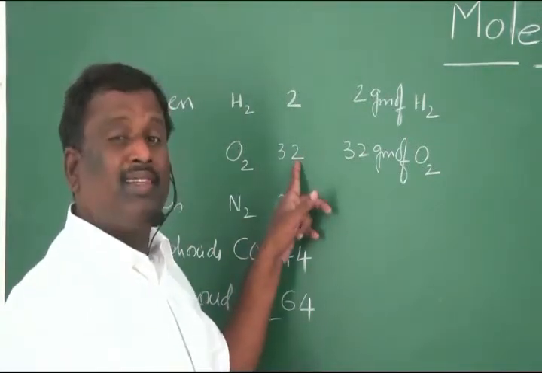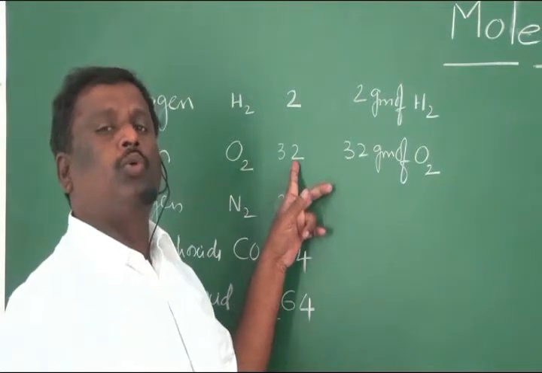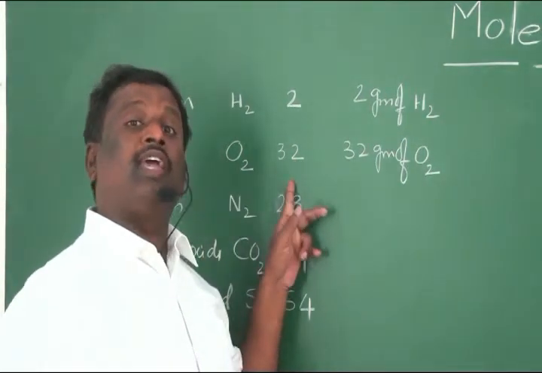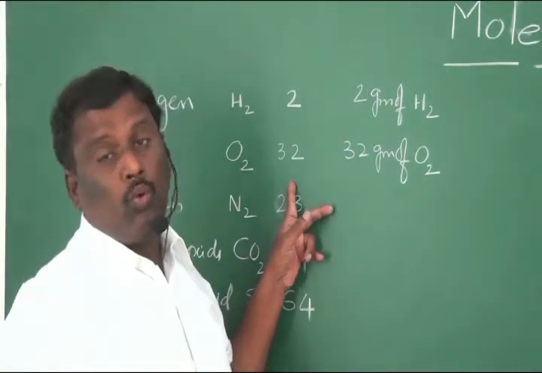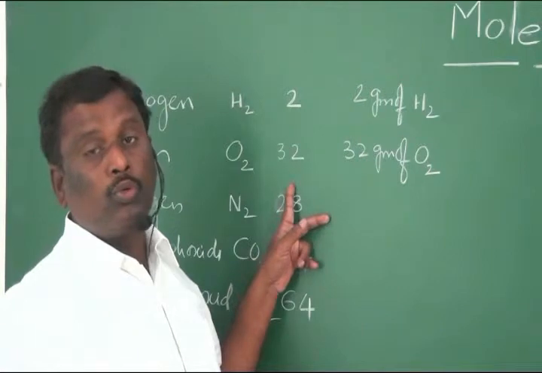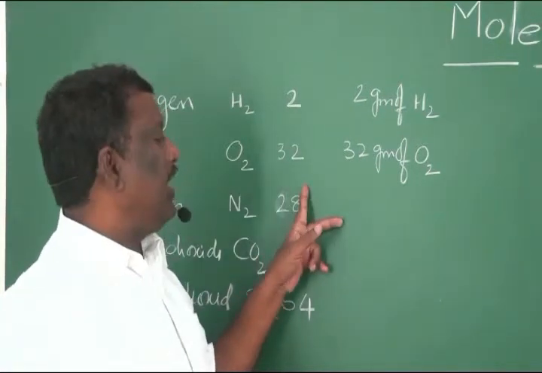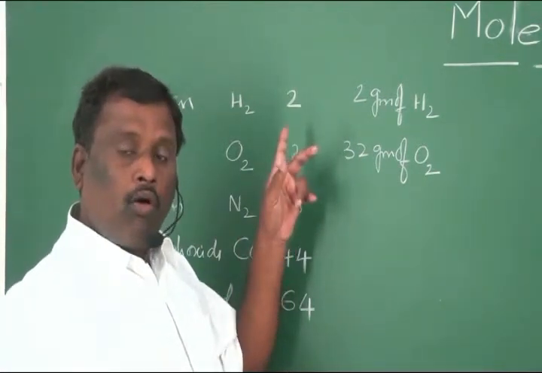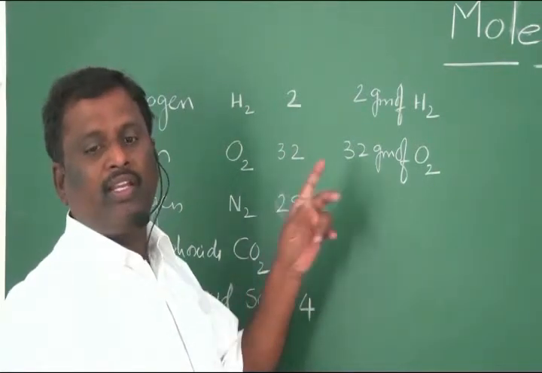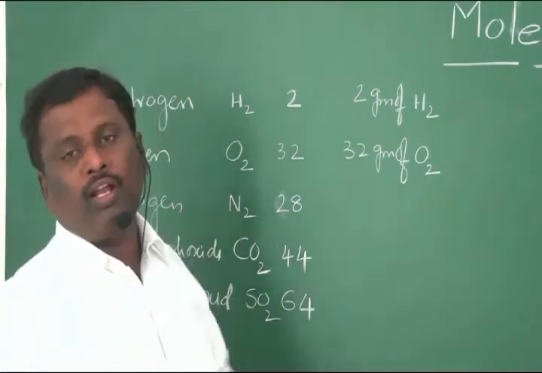What is 32? 32 is a simple number which denotes that the oxygen molecule is 32 times heavier than 1/12 of C12 isotope or 1 AMU. So if you take oxygen in grams equal to its molecular weight, then it is said to be gram molecular weight.